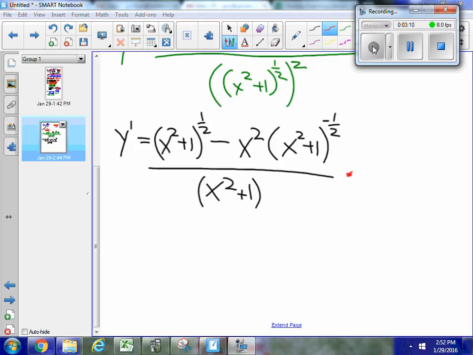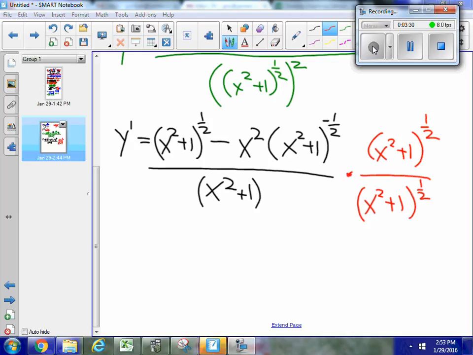I am going to multiply the top and the bottom here by x squared plus 1 to the 1/2 power over x squared plus 1 to the 1/2 power. So I'm multiplying it by 1.